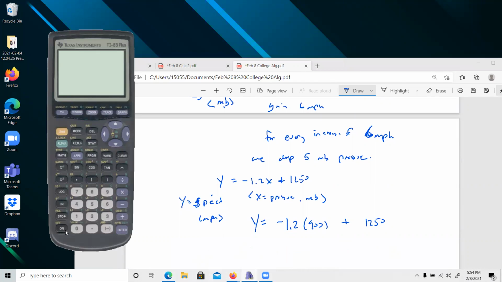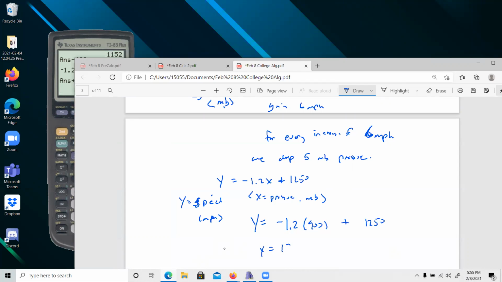So we want negative 1.2 times 900 plus 1250, 170. Okay, so y is 170 miles per hour. Wow.